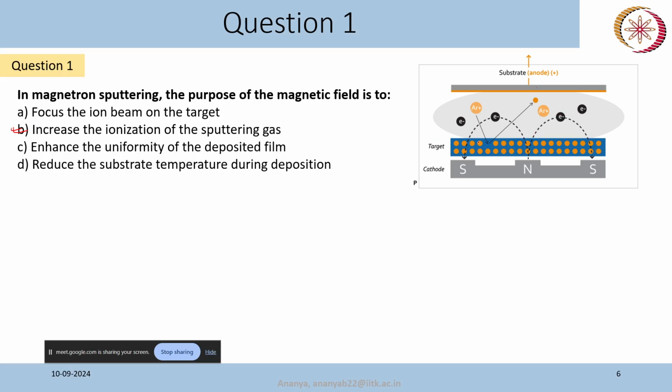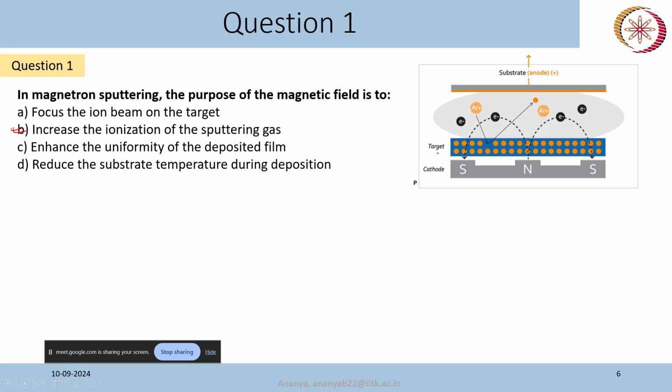What happens is that in sputtering, argon gas is typically introduced, and a plasma is created. The target is the cathode, so we apply a negative voltage, the negative terminal, to the target.